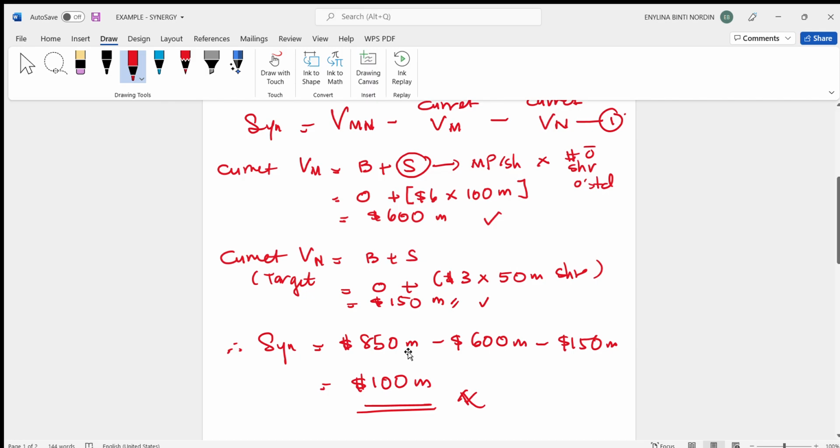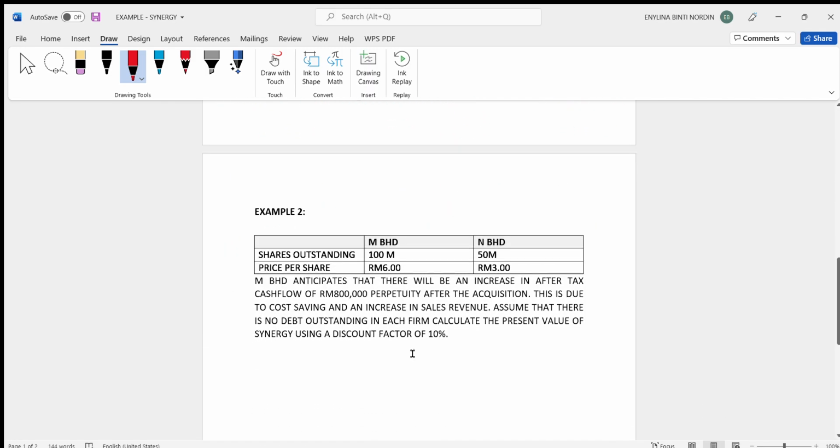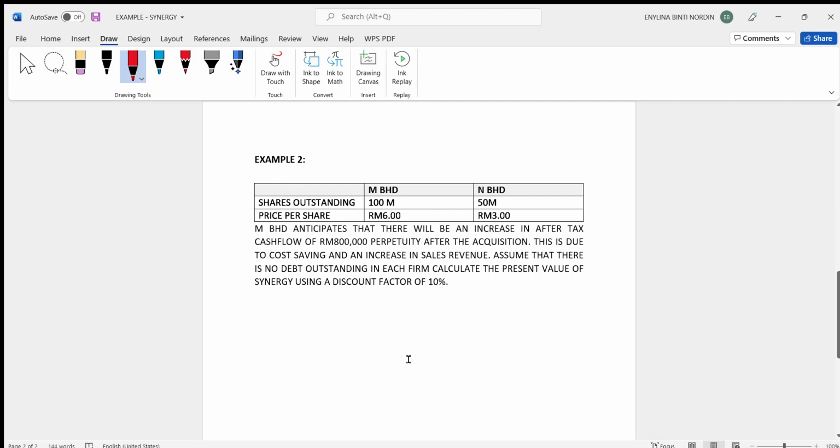Now we go to the next example. It is the same example actually, but with different information. Let's say Amber Heart expects that there will be an increase in after-tax cash flow of 800,000 ringgit perpetuity.